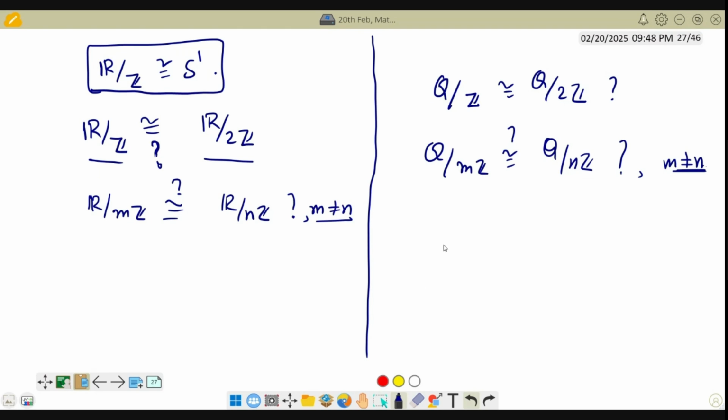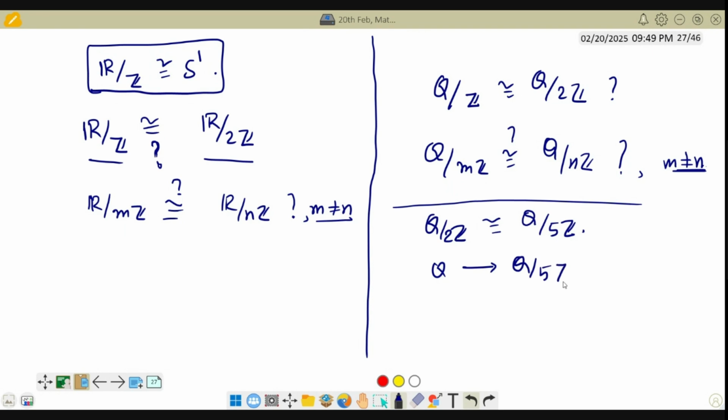If you want to prove this, let's say for 2Z, how do you prove it? Go through the general way. Try to define this homomorphism such that the kernel will be 2Z.